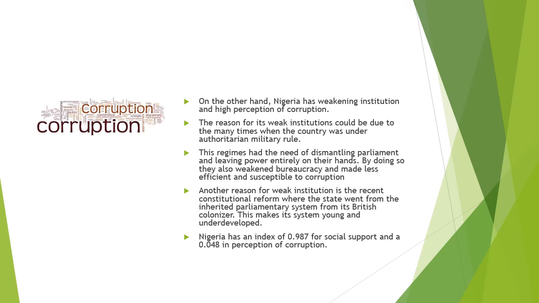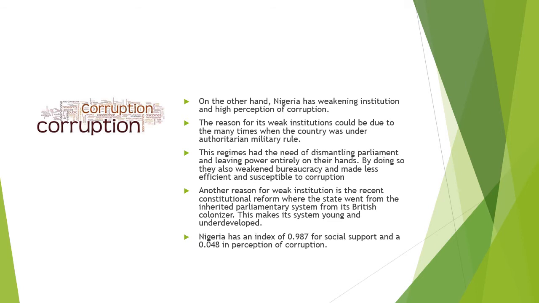This could be due to it being a victim of many military authoritarian regimes, which had the habit of dismantling and taking power away from parliament and keeping power in their hands, which could have led to weak bureaucracy, which made it less efficient and more susceptible to corruption.